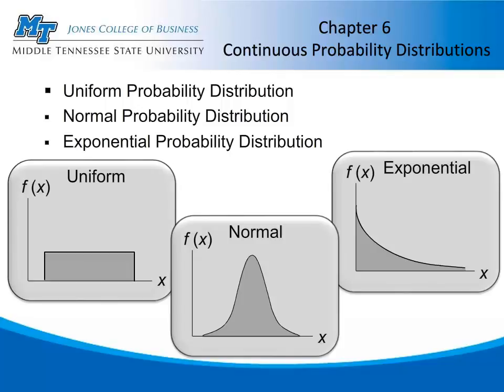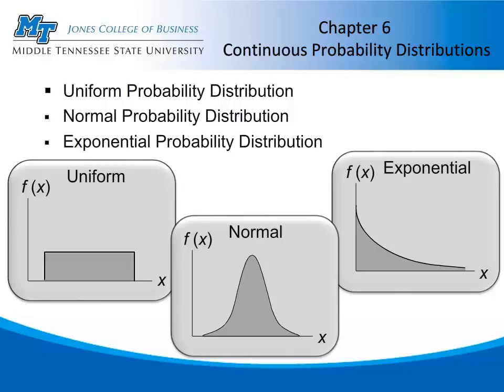Now this slide shows the graphs for three different types of continuous probability distributions, and you can see that there's a pretty good difference in the shapes of these things. The uniform distribution, the normal distribution, the exponential distribution, the shapes aren't alike at all, but they do have things in common.